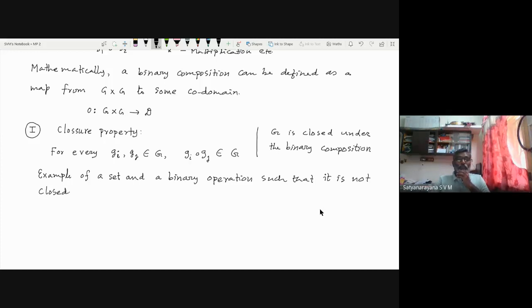Okay. So consider a set like this. Let's call this as N. The set is 1, 2, 3, etc. So these are all natural numbers, 1, 2, 3, etc.